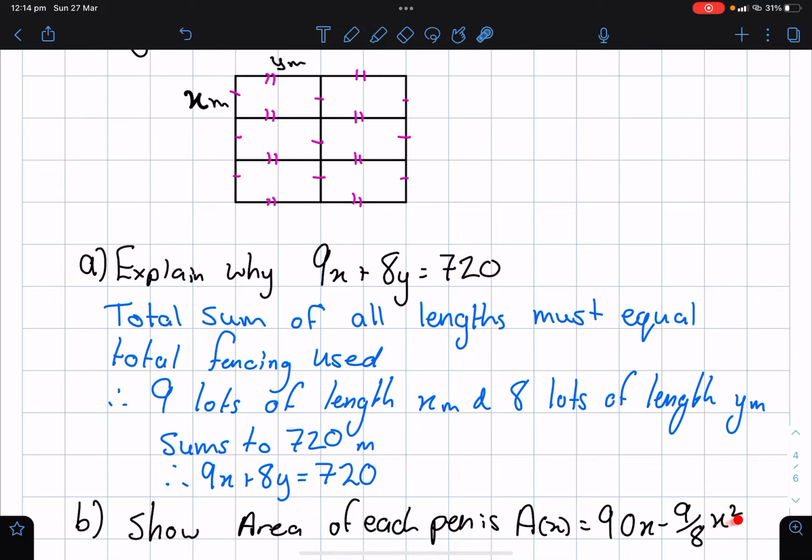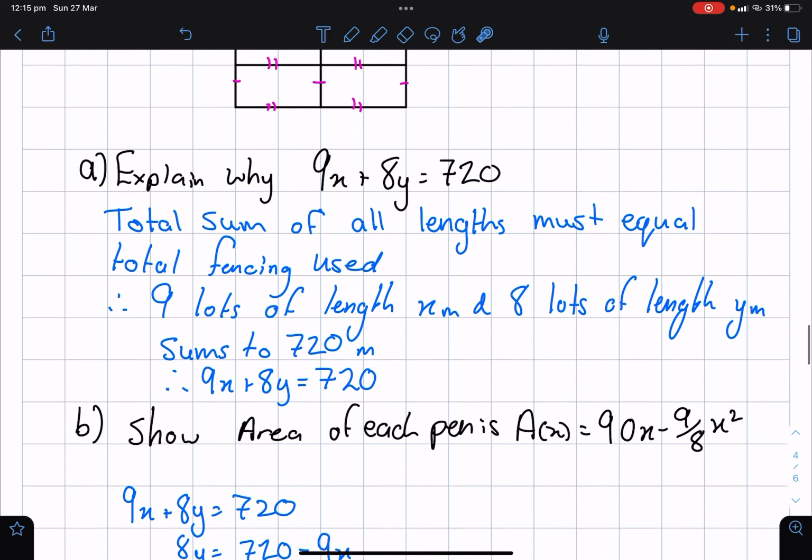But in the area function we don't have any y variables, so we need y in terms of x. I'm going to start with the equation in part A and get y by itself, which will be in terms of x.